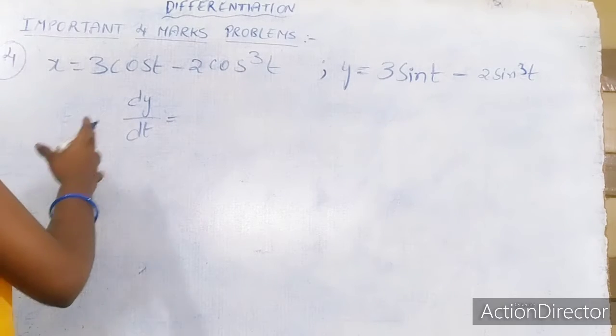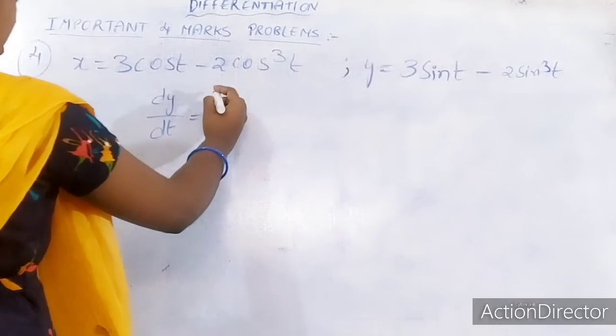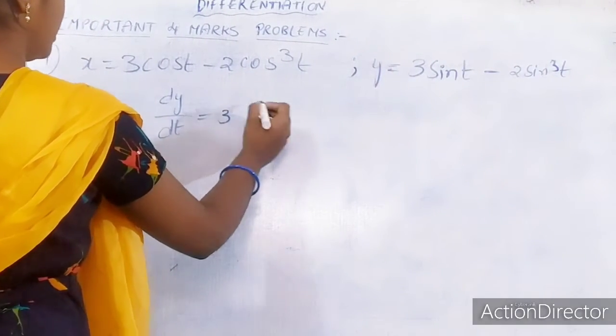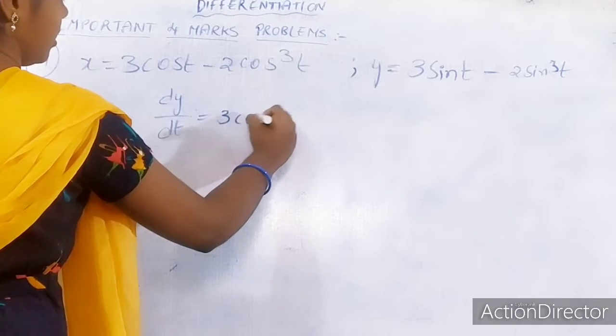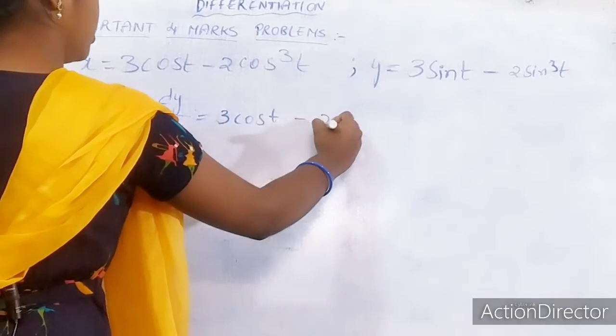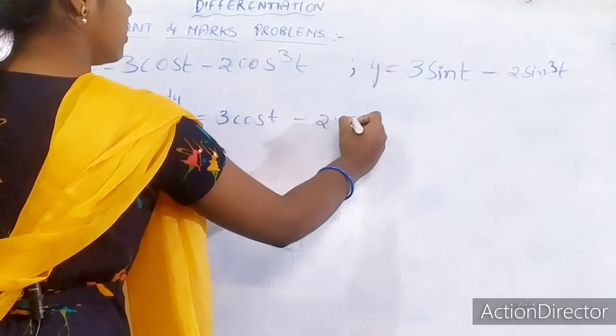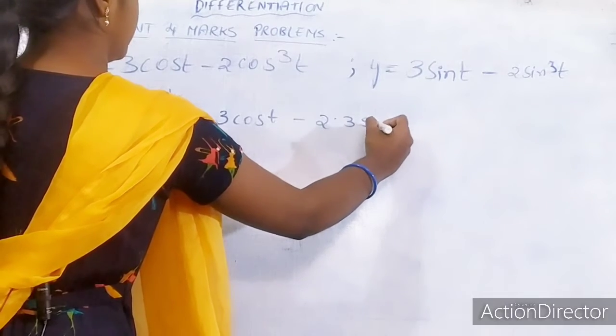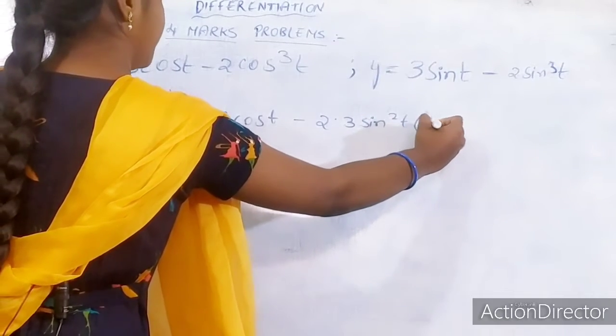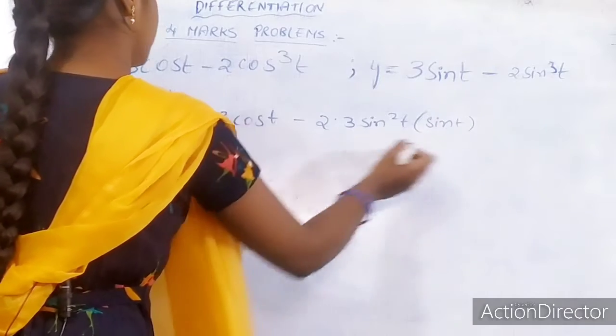dy by dt, differentiate with respect to t. dy by dt is equal to the derivative of sin t, which is cos t, minus 2 into 3 sin square t into the inner derivative of sin t.